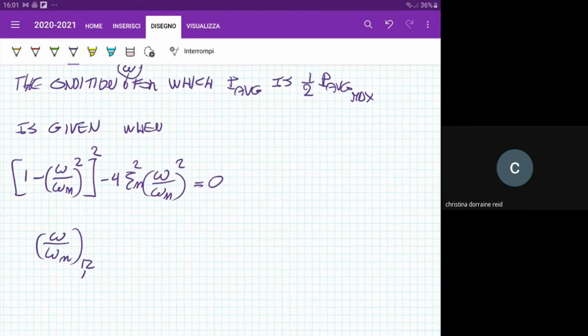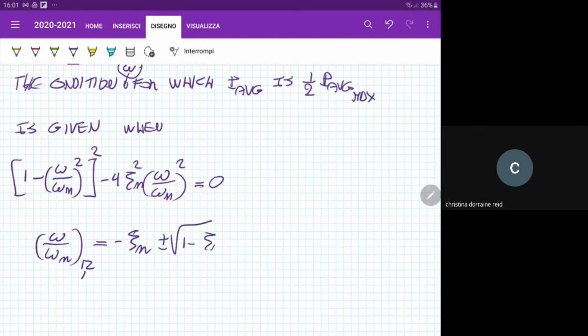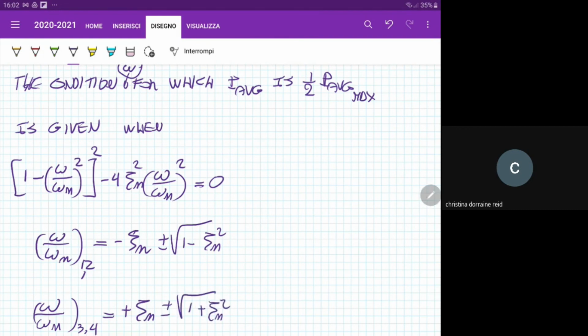So the solution to that equation is four values of this omega. The first two are given by this equation, minus zeta n plus or minus the square root of 1 plus zeta n squared. The other two, omega n 3 and 4, are plus zeta n plus or minus the square root of 1 plus zeta n squared.